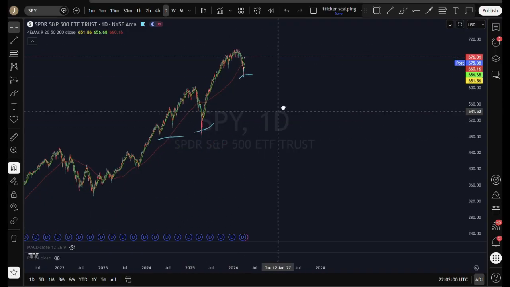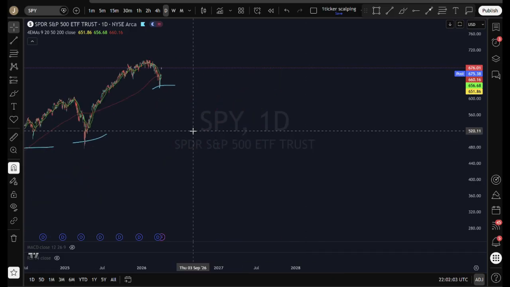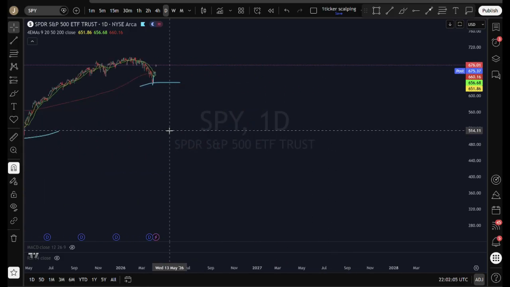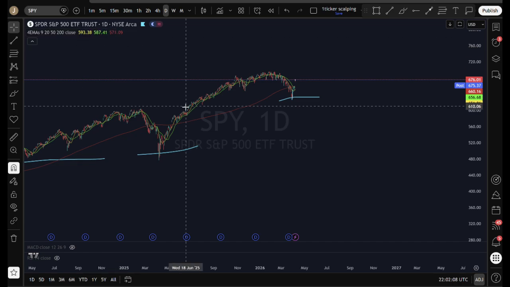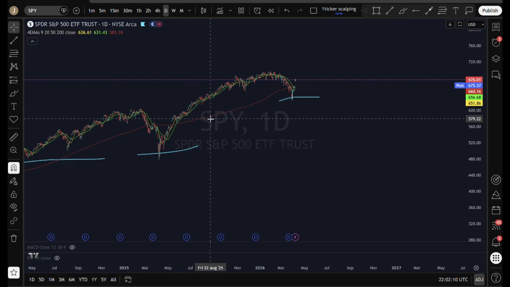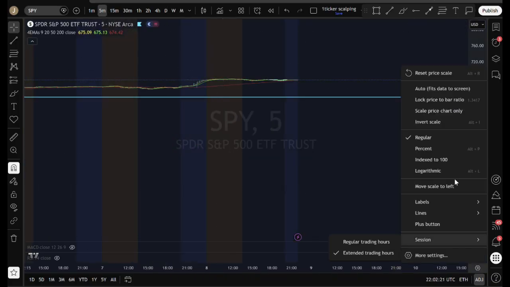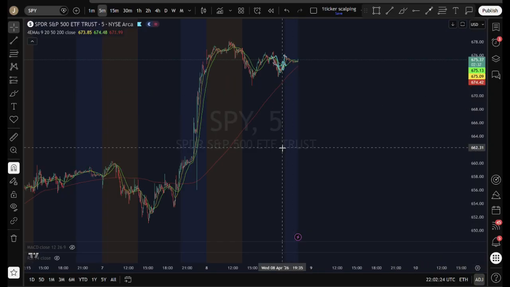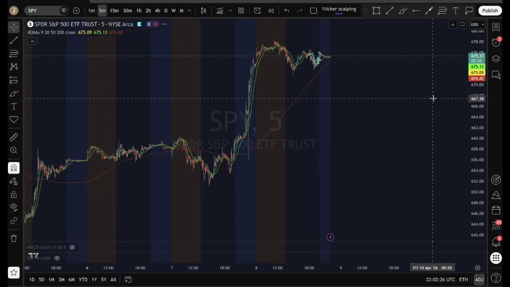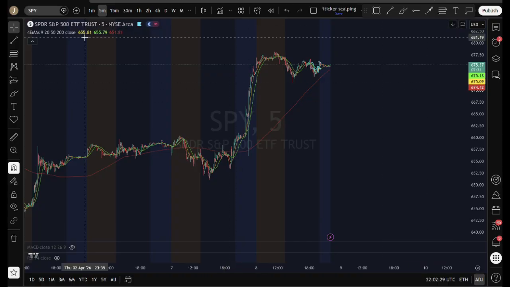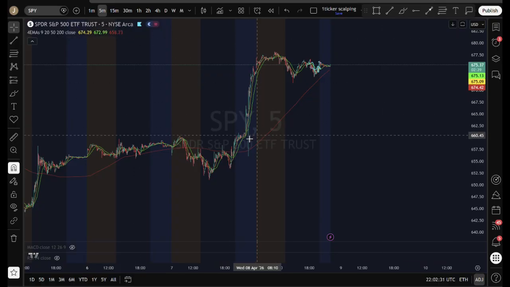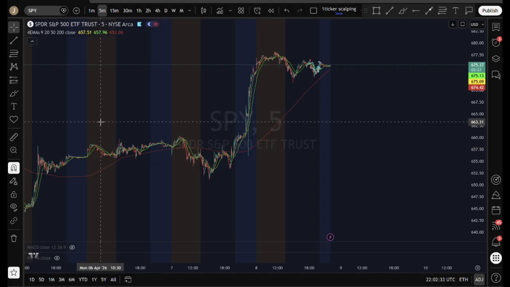And one of the things that confused me when I was learning the EMAs is we still have our 9, we have our 20, and we have our 200. And we're on a daily time frame. Now, when we go to a 5-minute, everything looks a lot different. Okay? Well, the EMAs are still representing the 200, the 20-day, and the 9-day.